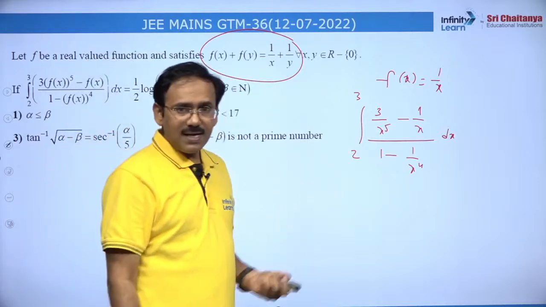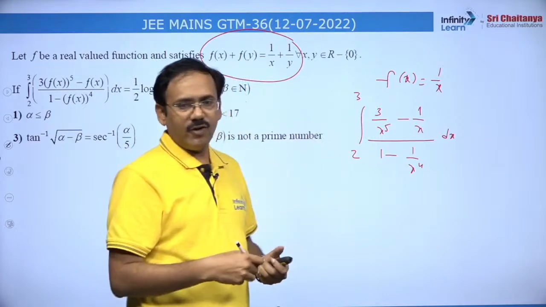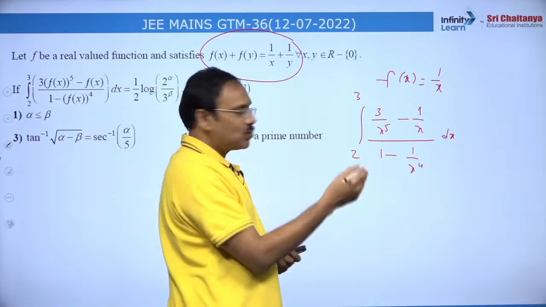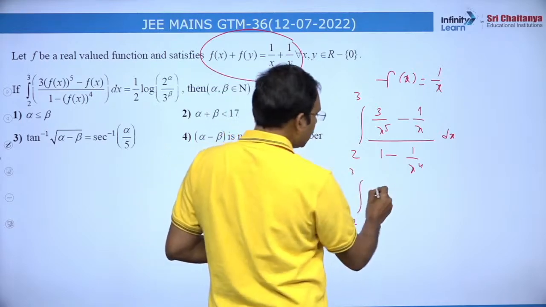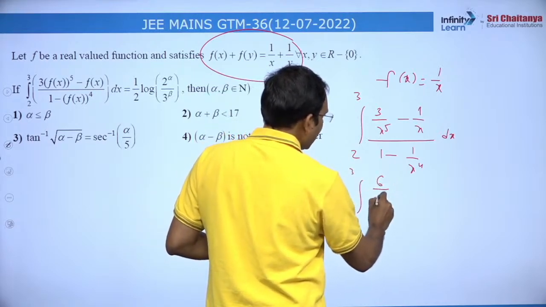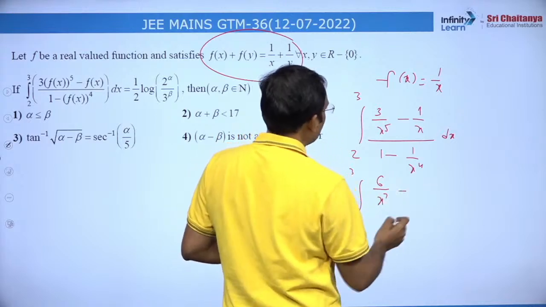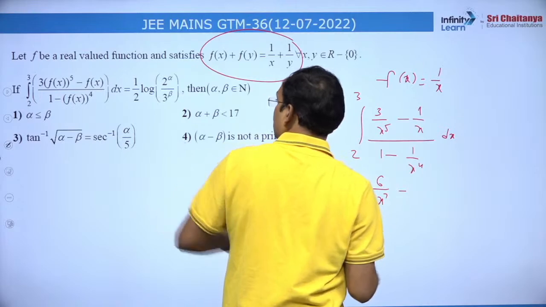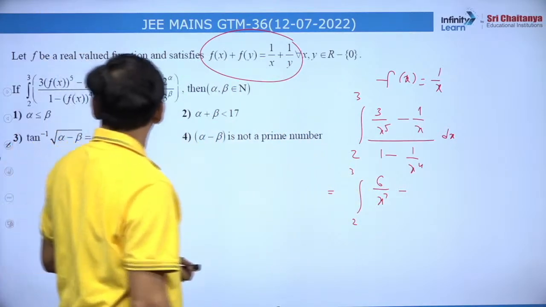One small idea: I want to arrange it like f dash x by f of x. You just multiply with 2 by x square in the numerator and denominator, so that this becomes 6 by x power 7 minus, you can see 3 times f of x power 5 minus f of x.